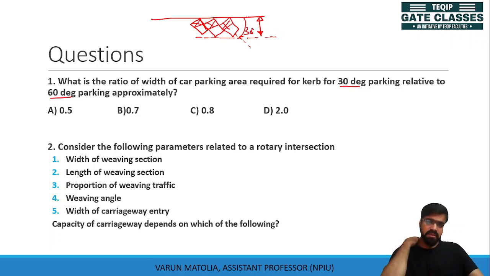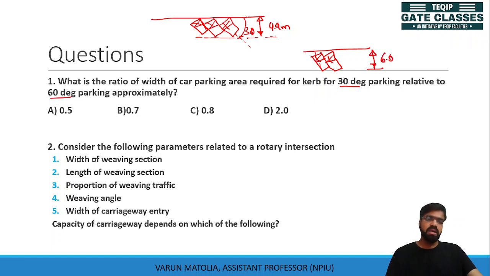For 30°, this width is 4.9 meters, and for 60 degrees, this will be more aligned, so more width will be occupied by the vehicle. The width which the vehicle will cover is 6 meters.